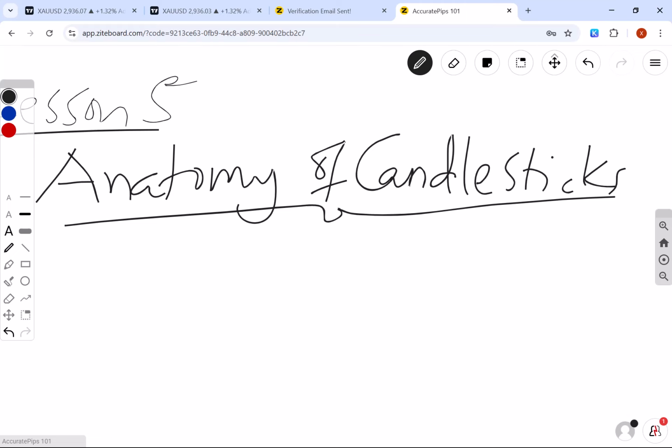First of all, before we go into knowing the parts of the candlesticks and their formation, the first thing that we need to know is what a candlestick is. So, candlesticks are a type of price chart used in forex trading to represent price movement in a specific time frame.